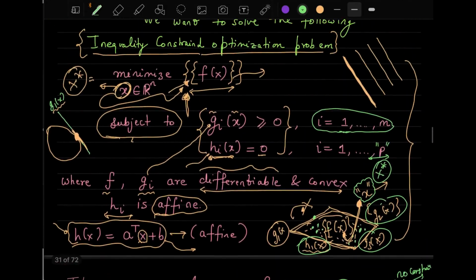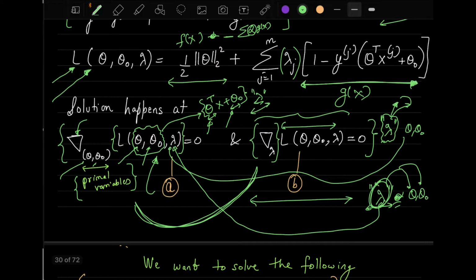As I told you, if you solve these two equations, this one and this one, the values that you will get are theta star, theta 0 star, and lambda star as the answer.